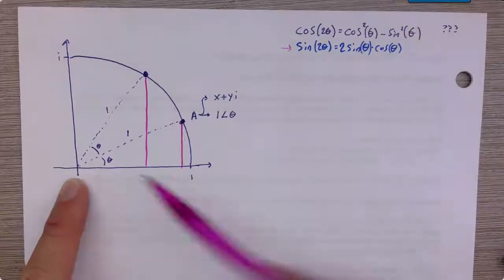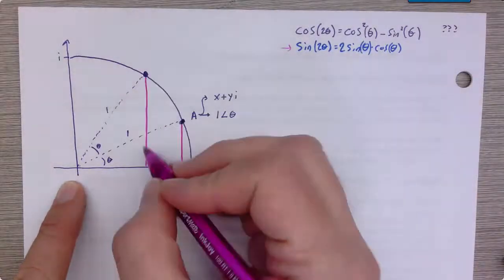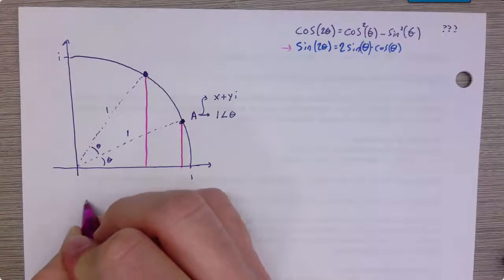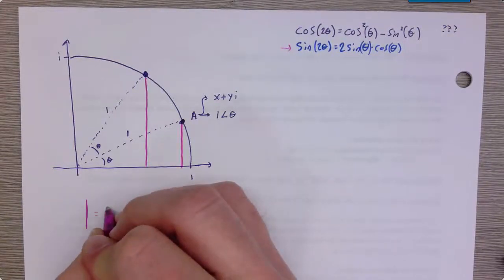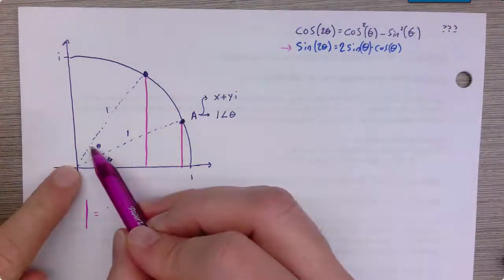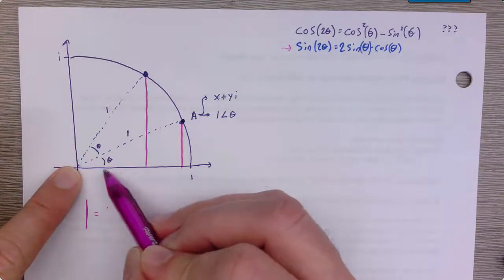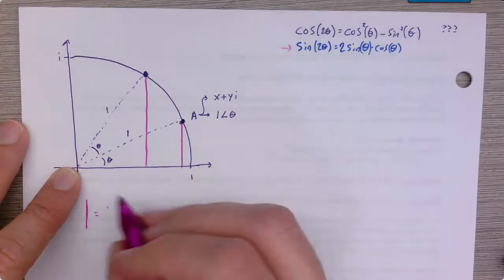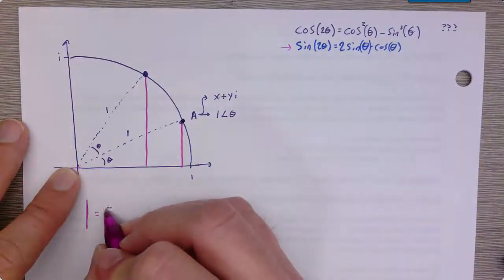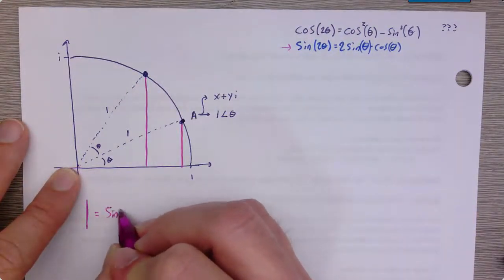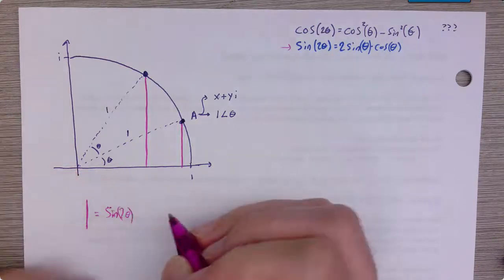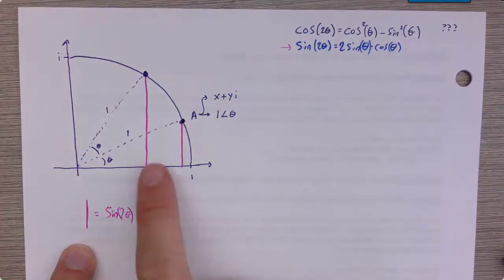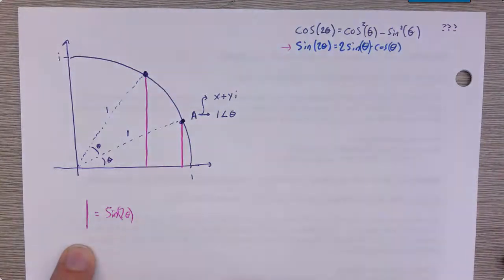SOHCAHTOA says sine of 2 theta equals pink line divided by 1. So the length of the pink line is just equal to sine 2 theta. Great. So let's describe that same height in another way.